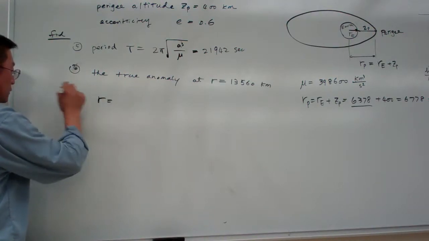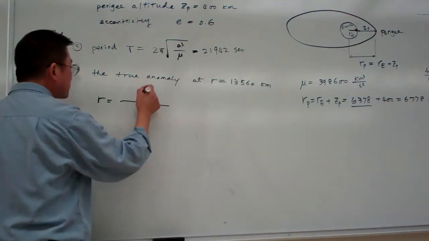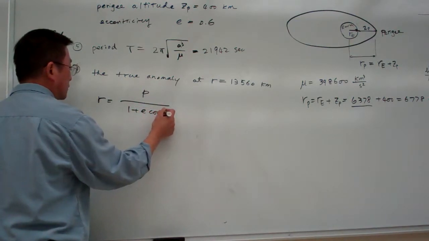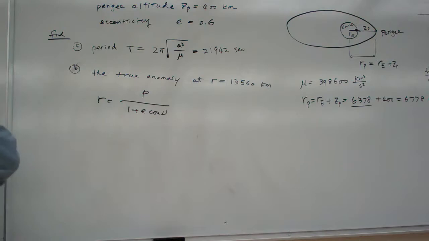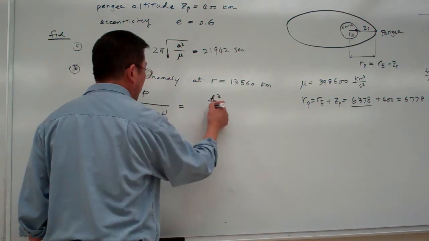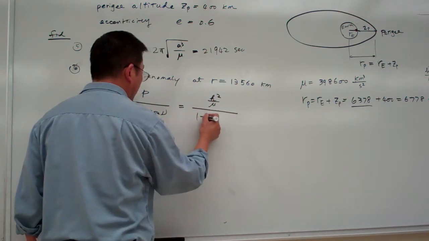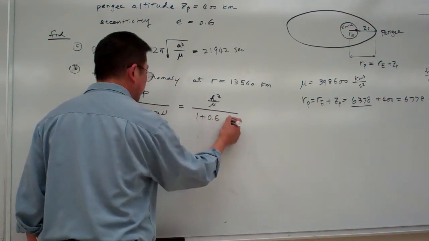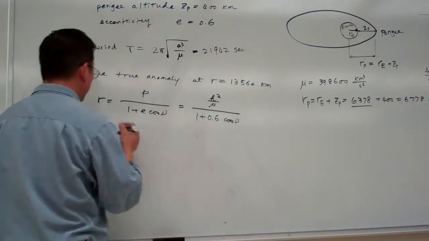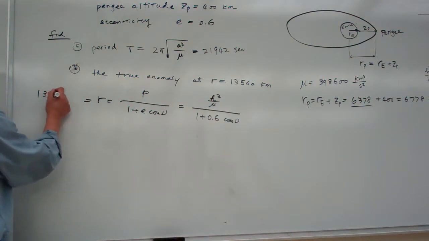So we simply take r equal to h squared divided by mu, over 1 plus e cosine nu. So r equal to 13560.